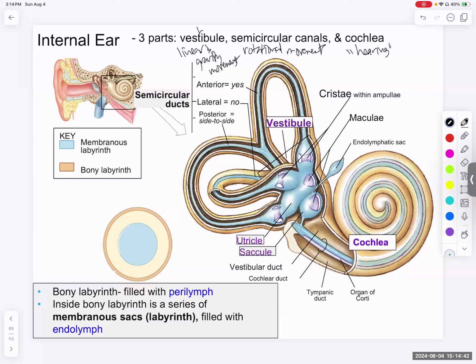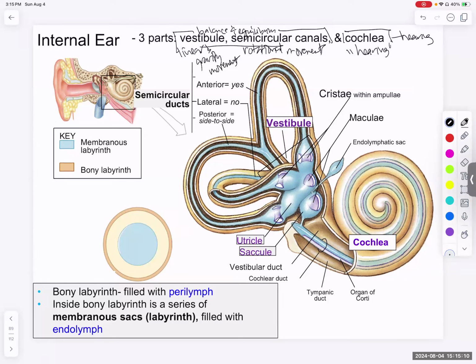So here's where we get your balance and equilibrium. And this is for hearing. And so you're going to see the cranial nerve 8 is the vestibular cochlear nerve, because we're looking at the vestibular complex and the cochlea for balance and equilibrium in hearing.